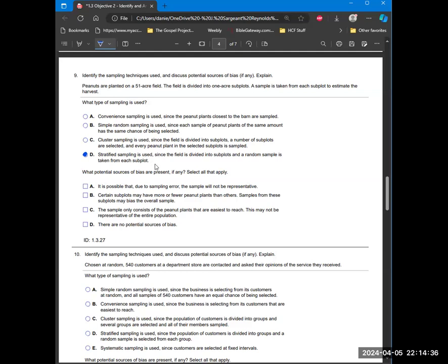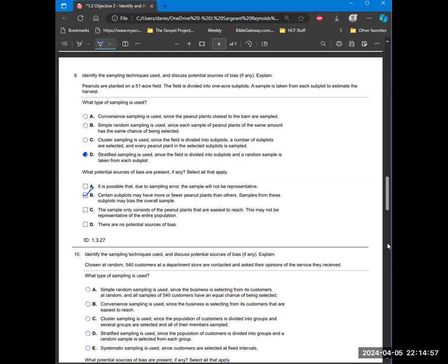So what potential sources of bias are present, if any? Certain subplots may have more or fewer peanuts than others. Samples from these subplots may bias the overall sample.